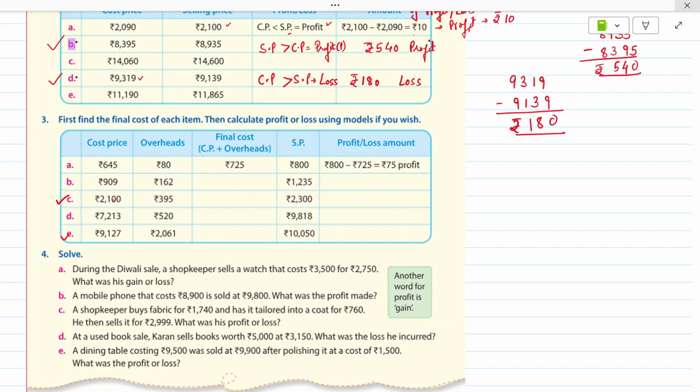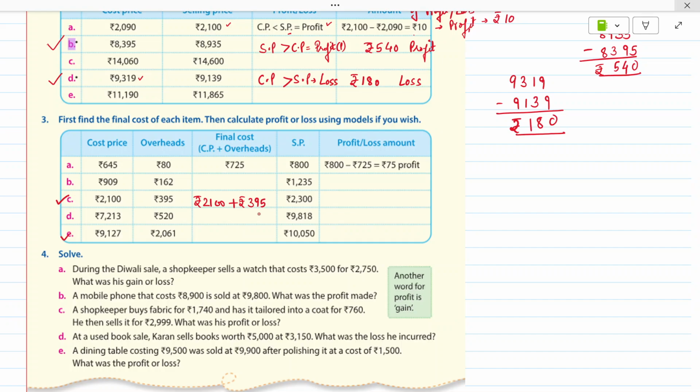In C, we are given the cost price as 2100 and overhead as 395. So first we have to find the total cost. What will be the total cost? It will be the cost price plus the overhead. That is, we will write here rupees 2100 plus rupees 395.